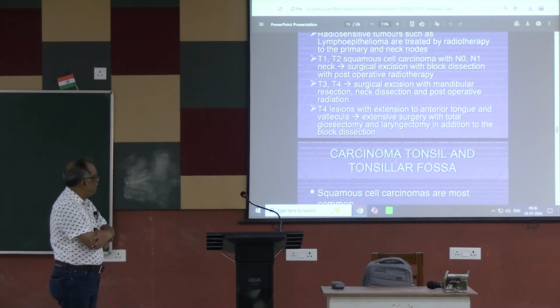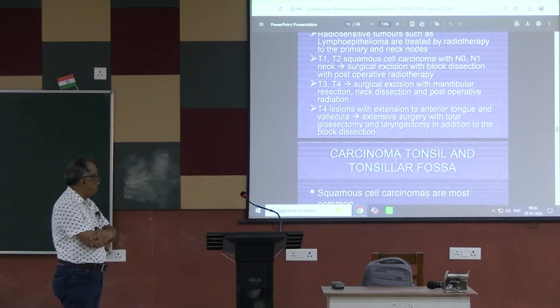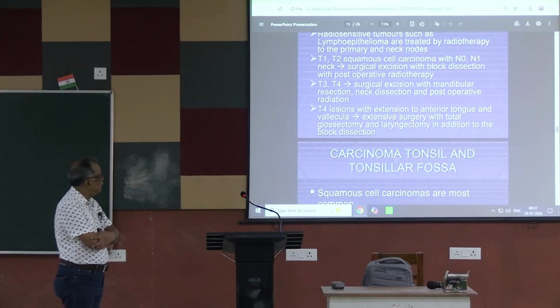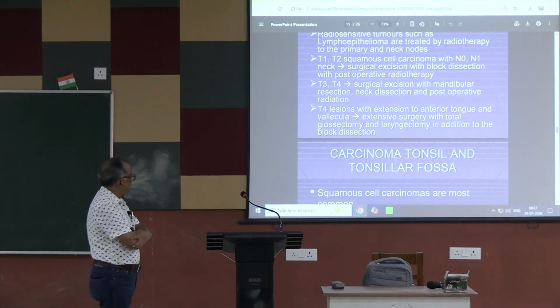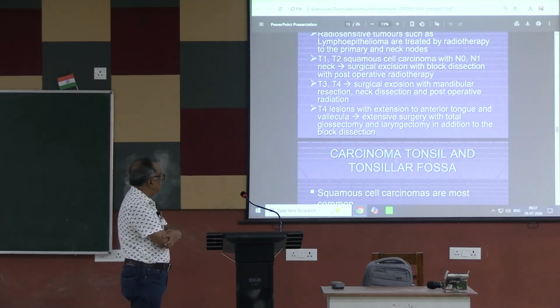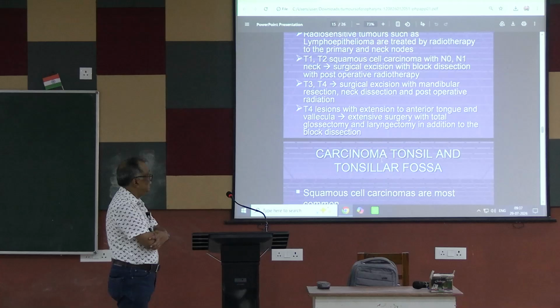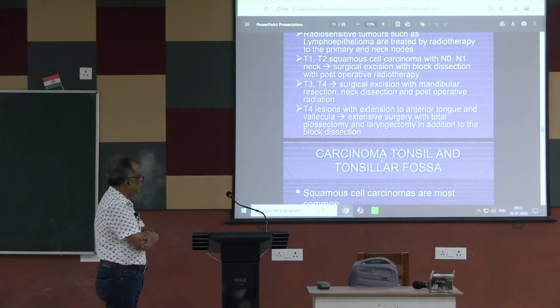And for T1, T2 squamous cell carcinoma, T1 means 2 centimeter, not more than 3 centimeter, and T2 means larger. For T2 squamous cell carcinoma with N0, N1 neck, the treatment is surgical excision with block dissection.